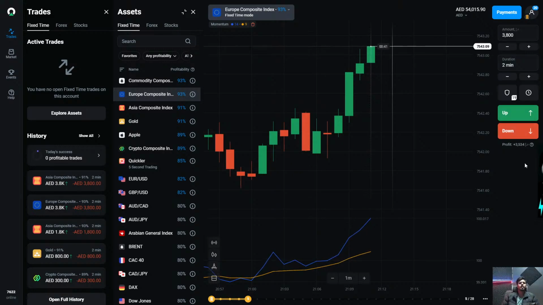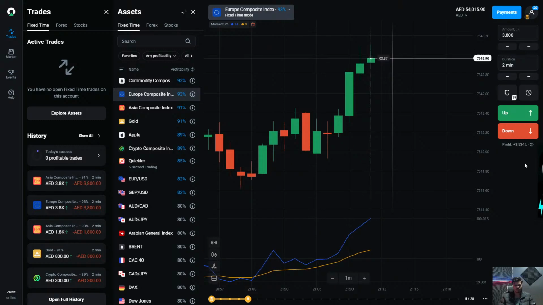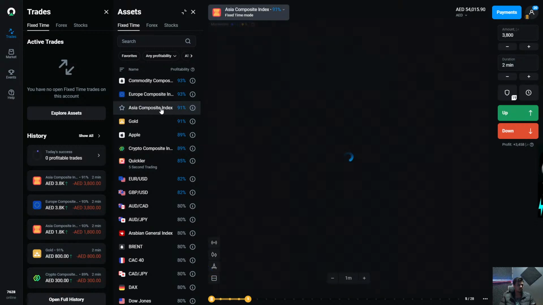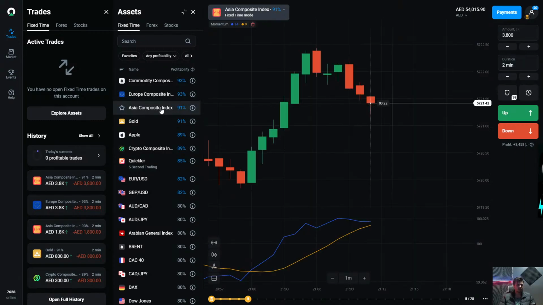It's just moving in the upward direction right now. Here it's trying to come back to the downward, right? But it can also go back again to the upward. Let's check our Asia composite index.